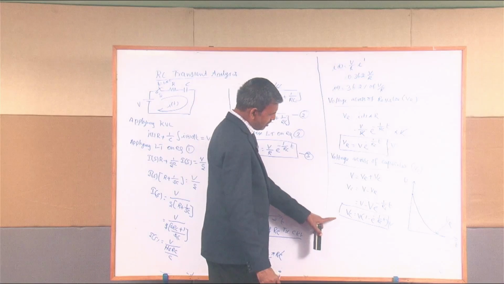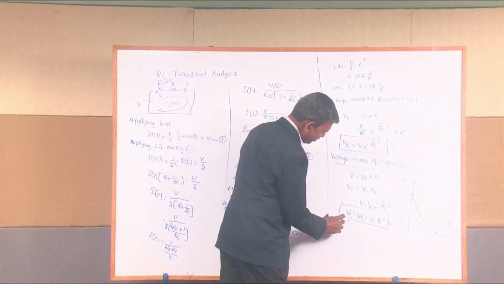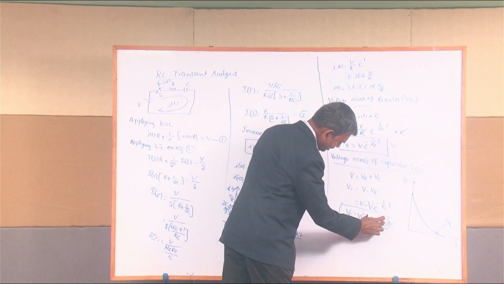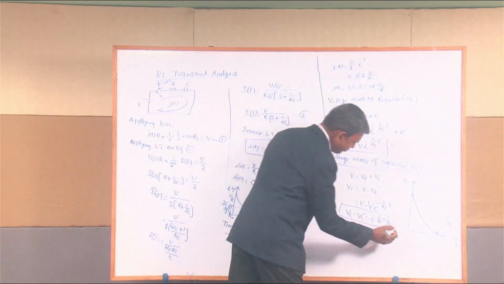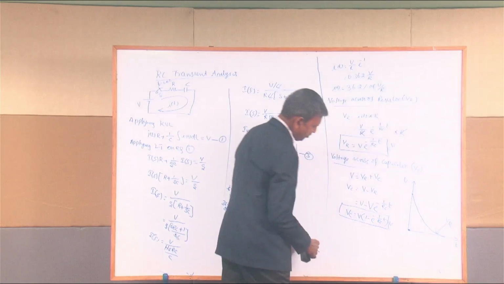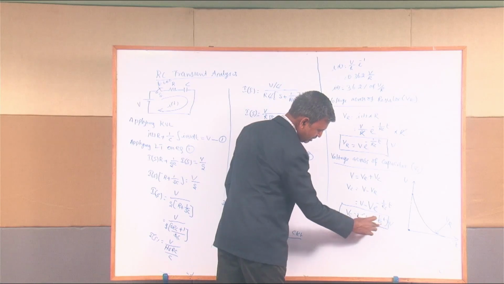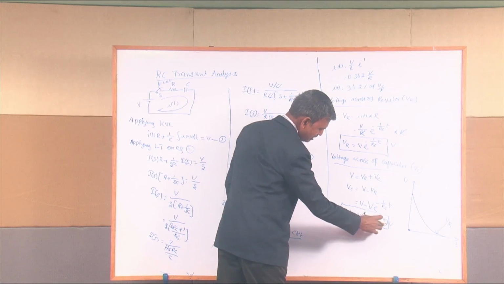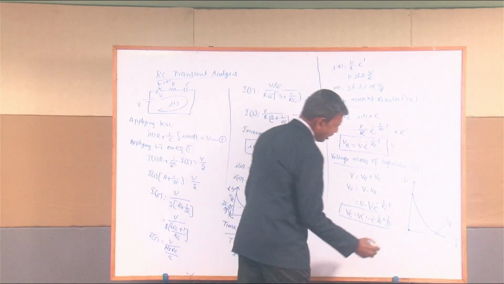Similarly, we draw the response of the voltage across the capacitor. First we substitute t equal to 0, so e to the power 0 is 1, 1 minus 1 is 0, and 0 into anything will be 0. Then we substitute t equal to infinity, so e to the power minus infinity will be 0, and we get only the V value.